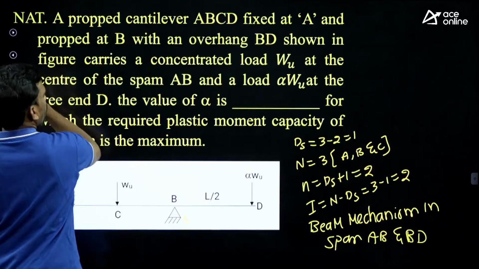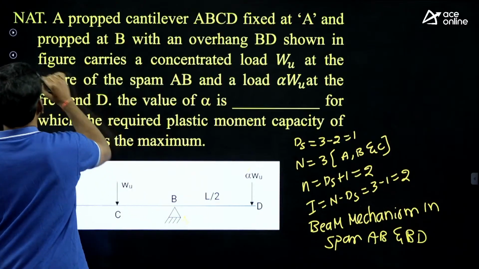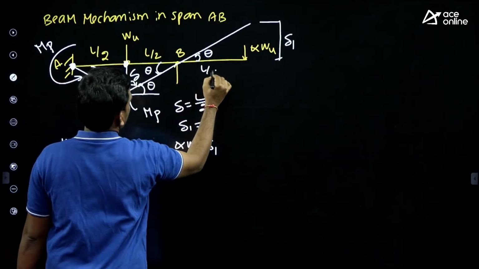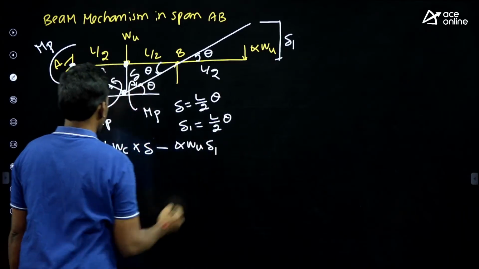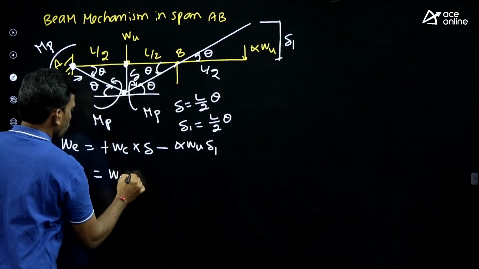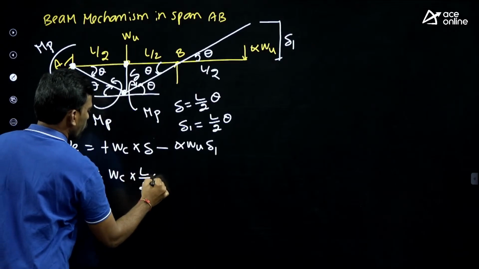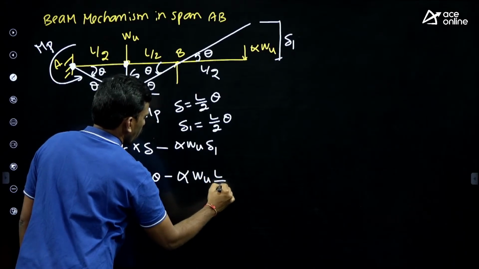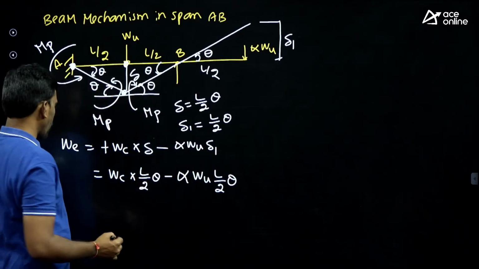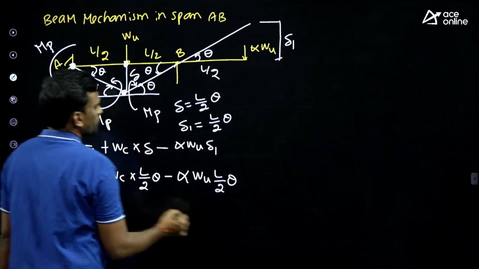What is the span given here? L by 2 only, right? So delta 1 also L by 2 into theta. Okay. So collapse load L by 2 into theta minus alpha collapse load L by 2 into theta. Okay. This is external work done.